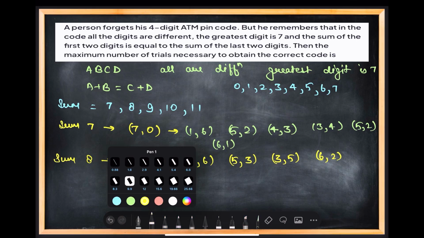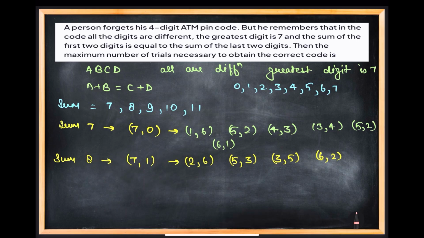Now move on to the next case. Suppose that the sum is 9. Okay, so if the sum is 9, what would the cases be? The case would be 7 with 2. Okay, 7 with 2 is 9.